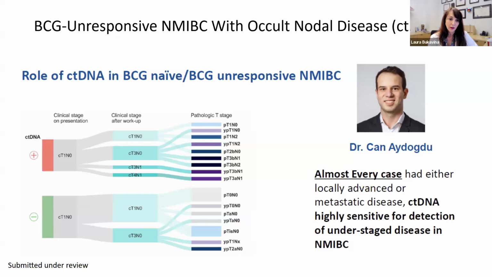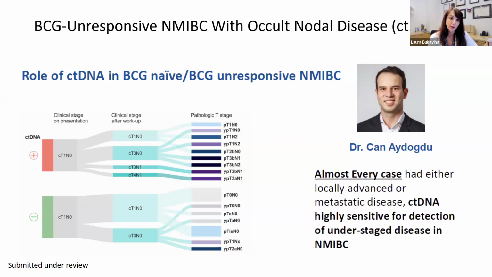What we also find are the patients who are ctDNA negative, but have failed therapy and don't want any more salvage therapies, right? Whether it's quality of life considerations or cost, or sometimes people are just done with it. We also find that those patients do really well. Those patients who are ctDNA negative and failed multiple intravesical treatments, the majority of them have really low-grade, low-stage disease at the time of cystectomy.